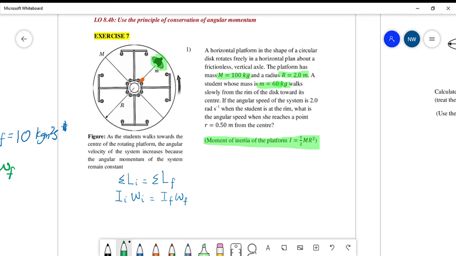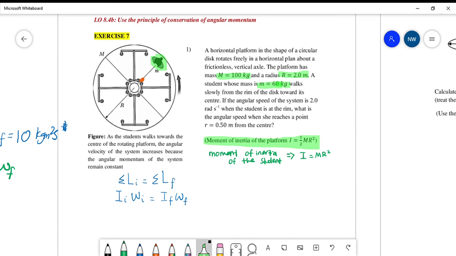The student we will consider as a point mass. So the moment of inertia formula that we will use for a point mass is I = m r square. So the moment of inertia of the student will be I = the mass and the radius, which is the distance.